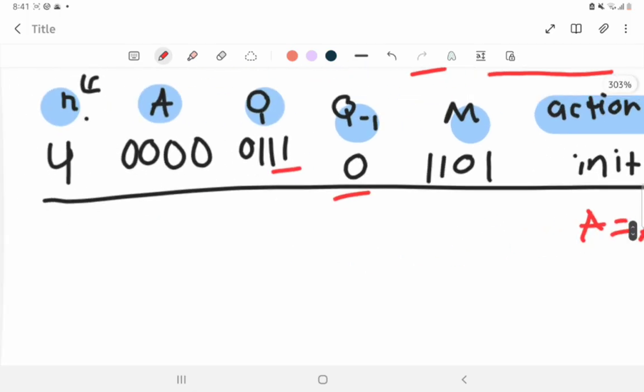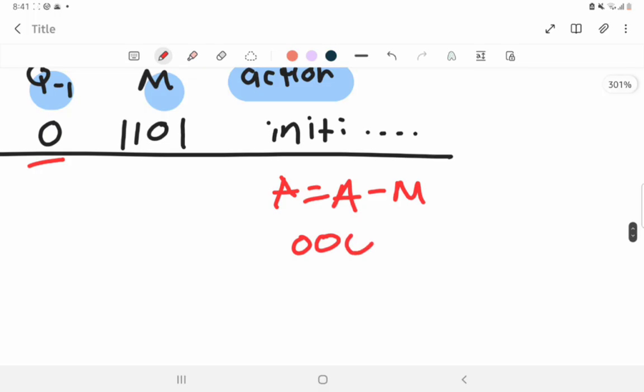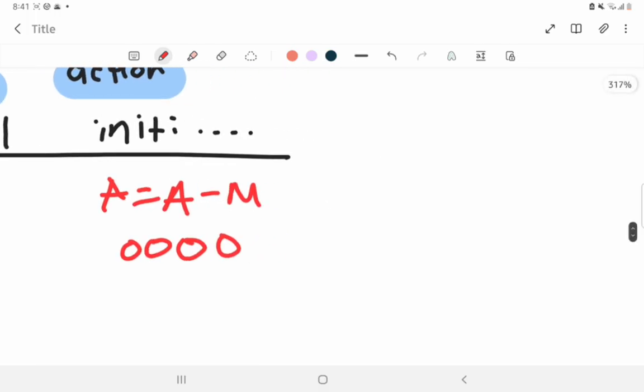So we do the calculation. A equals 0, 0, 0, 0. Before that, A equals A minus M, right?